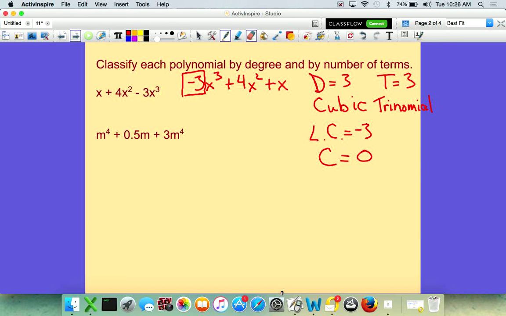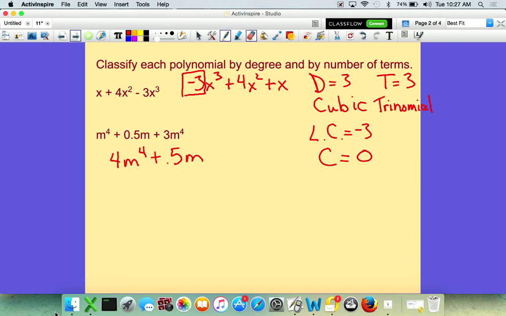For our next one, we're going to do the same thing. We're going to put it in the right order first. And what I see right away is I've got an m to the 4th here and an m to the 4th here. I need to simplify this. So 1m to the 4th plus 3m to the 4th is 4m to the 4th plus 0.5m.